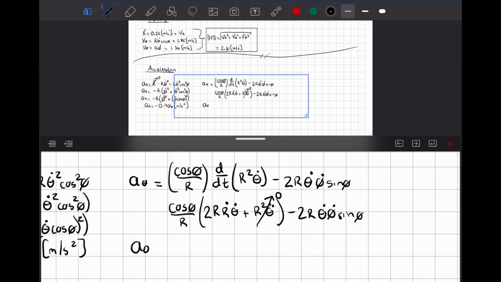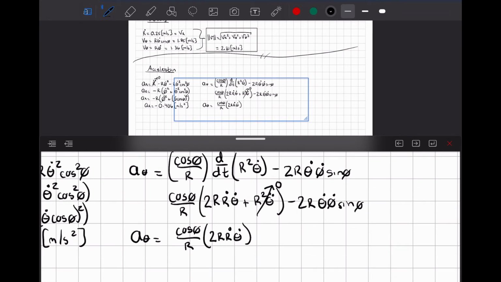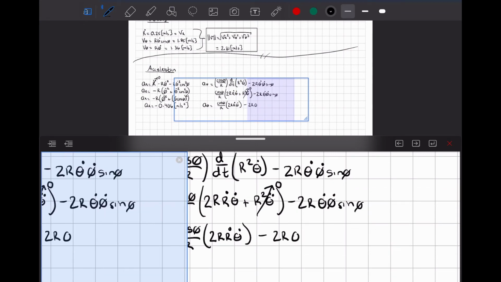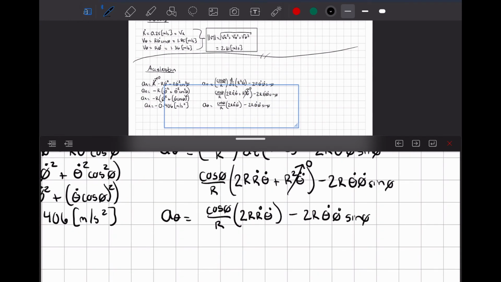And so now we just have a theta is cosine phi over r times 2r r dot theta dot, minus 2r theta dot phi dot sine phi.